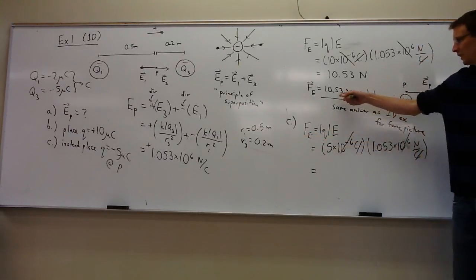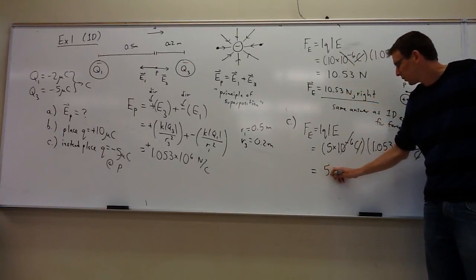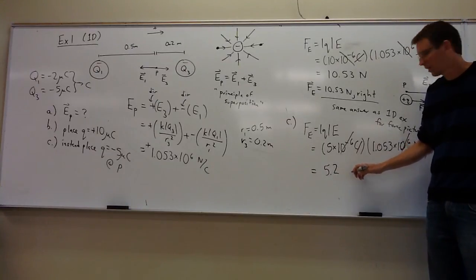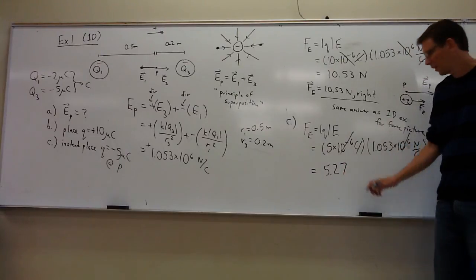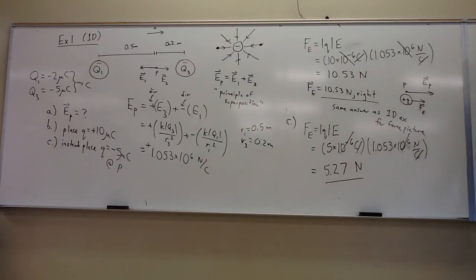So let's see if I can divide 10.53 in half. That's 5.26, 7, something. Is that right? Yeah. All right. So that's how much force that particle feels. Right? That's how fast it is.